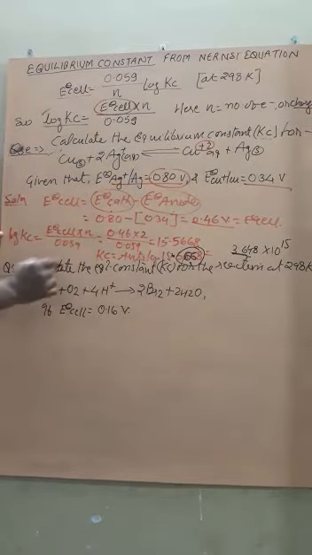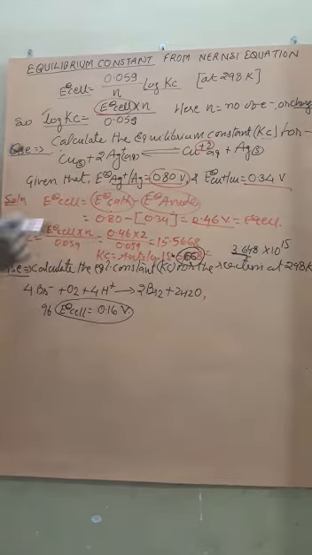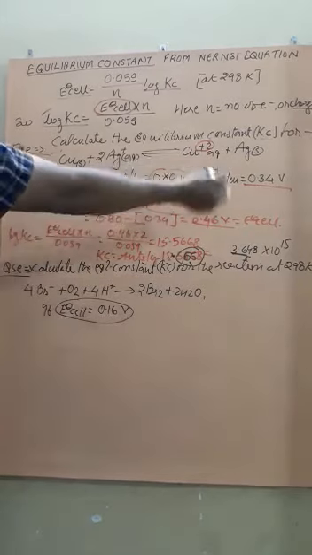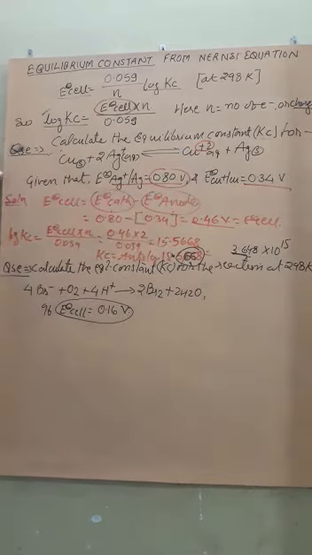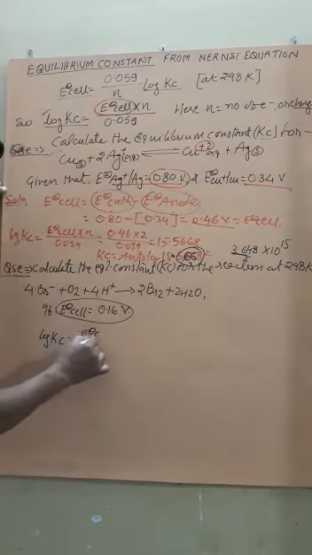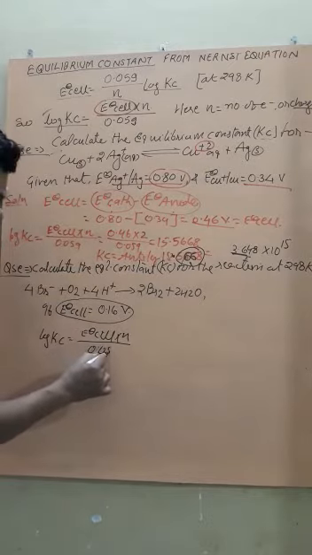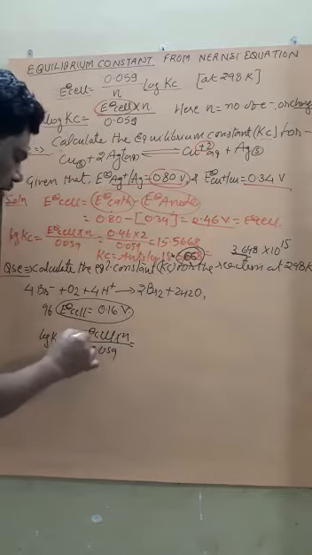Second one. To solve the second question, the E standard cell value is already given, so there is no need to find E standard cell as we did in the previous numerical question. So now simply place the value: log Kc is equal to E standard cell multiplied by n divided by 0.059.